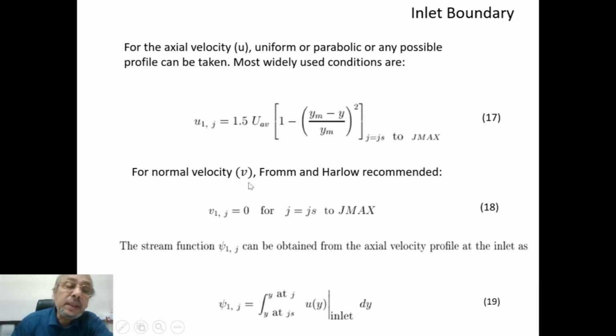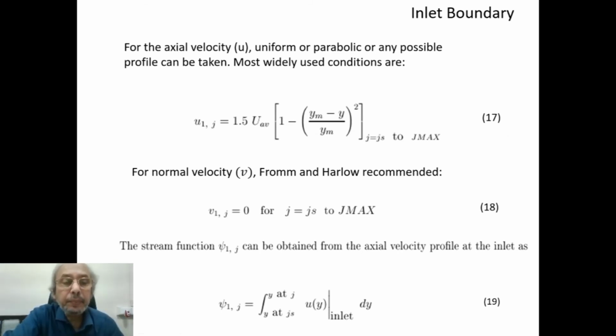Equation 17. Now we have to specify the normal velocity, that means v velocity, and we can follow the recommendations of Fromm and Harlow. I have already mentioned they were the first to model successfully using the stream function vorticity approach. And here V(i, j) equal to 0.